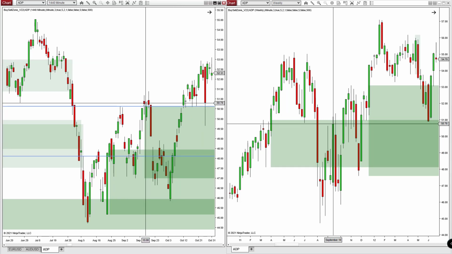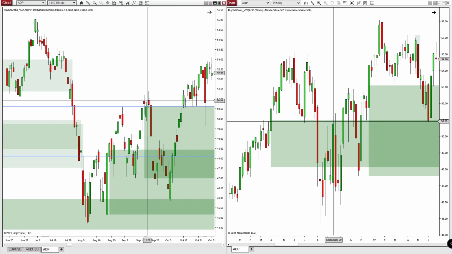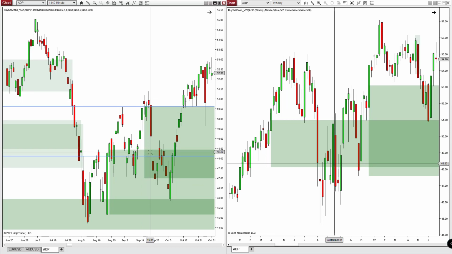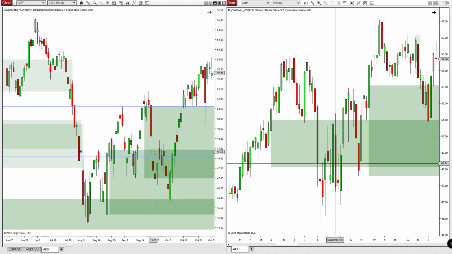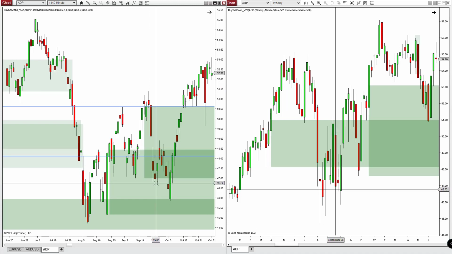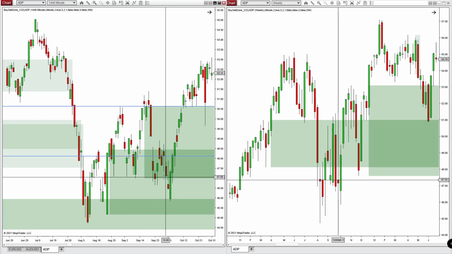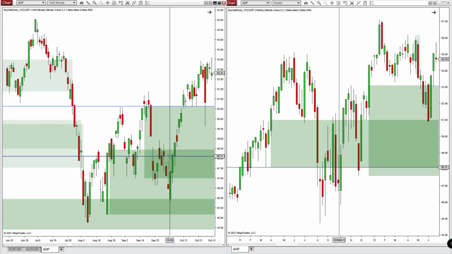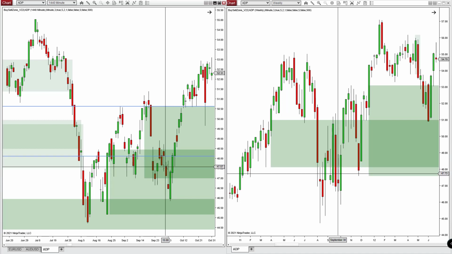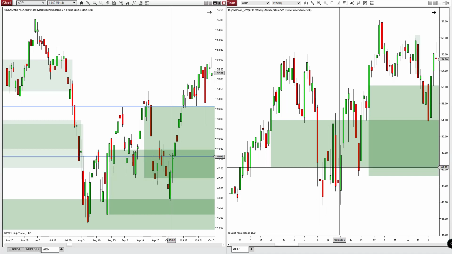I would have an opportunity up here to take a trade. You can see that doesn't work out. Price comes down here and it comes through the bottom of the zone. So I don't really get a situation here where I would want to take a trade. And then again, we're down here at the lows, but we are just below where I would want to be taking a trade because I have bars that are below my line.